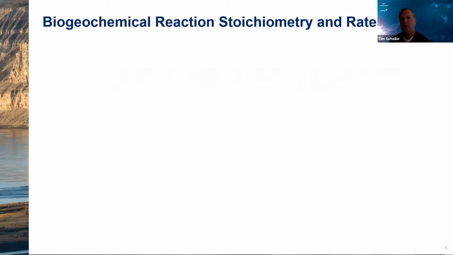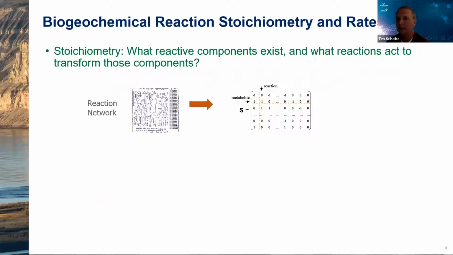Now, when I talk about biogeochemical reaction stoichiometry and rates, really we're talking about, first of all, what reactive components exist in our system, and what reactions are acting to transform those components as they interact. And so Hyun's talked quite a bit about this today, about defining the stoichiometry of reactions that impact organic matter, aerobic respiration, and formulating reaction networks out of our knowledge of those systems.